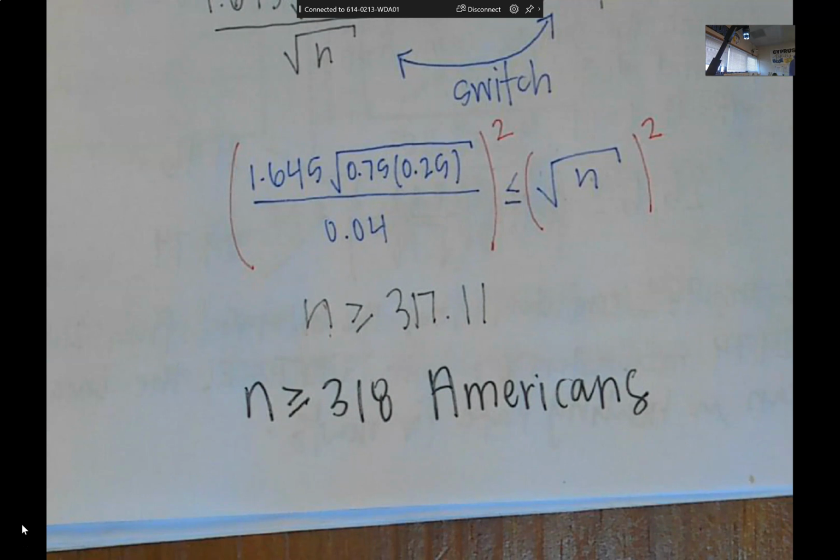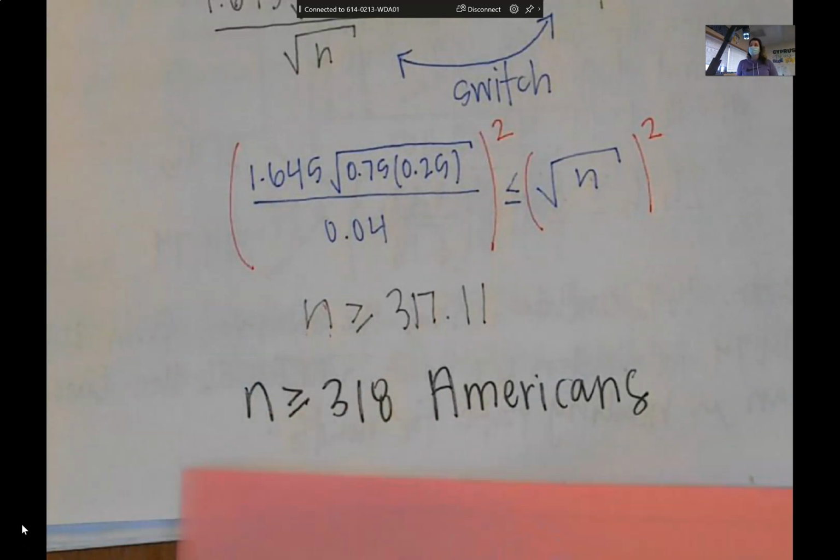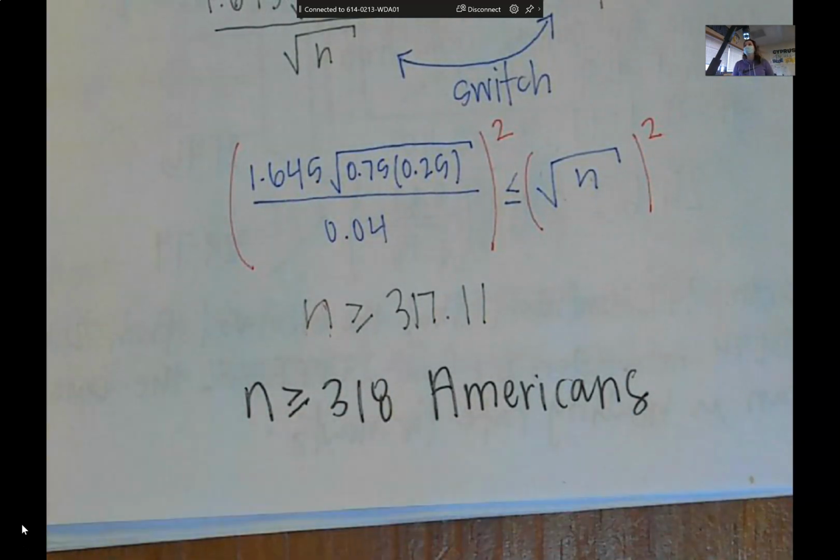Even if it's 317.02, you're still going to round up to 318. So if I want to be within 4% of the true proportion, I have to sample at least 318 Americans.